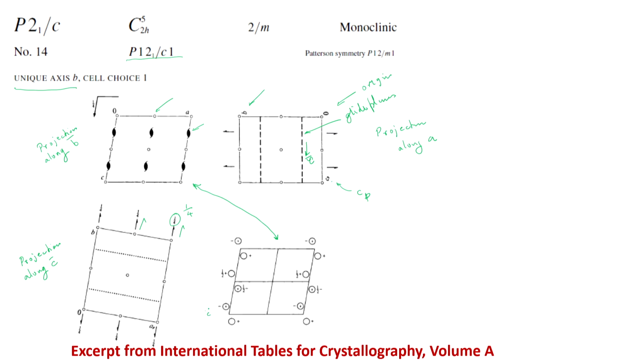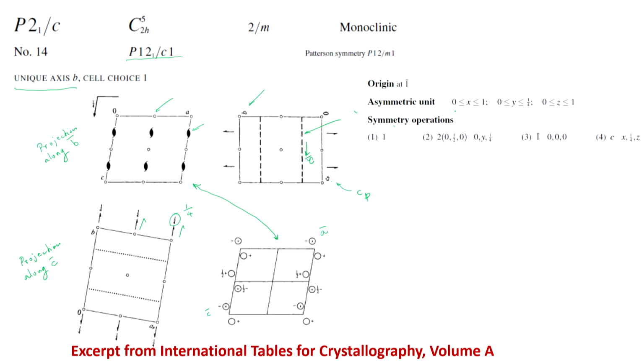So, this is C, this out here is A, and this is how the general positions move around when you apply the symmetry operations. This is my asymmetric unit, x between 0 and 1, y between 0 and 1/4, and z between 0 and 1.